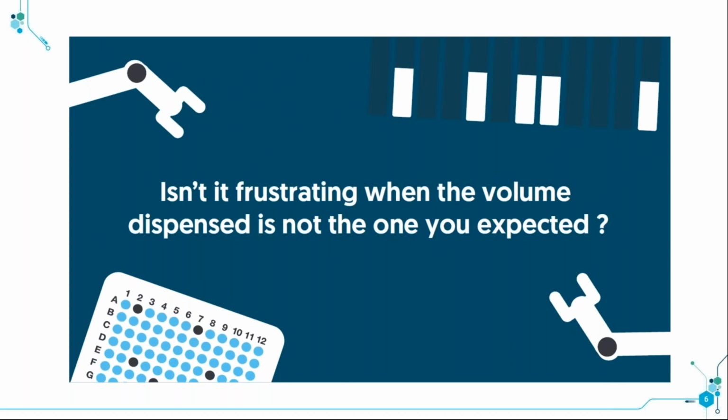I'm sure that if you're doing liquid handling operations, you at some point ask yourself if you have the right volume in your wells. Based on the feedback we got from our attendance at several workshops, roundtables, and conferences, we noticed that there were some existing tools for the calibration of mechanical pipettes, but nothing really for automated liquid handling systems.